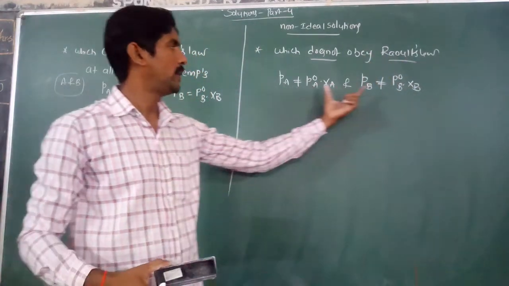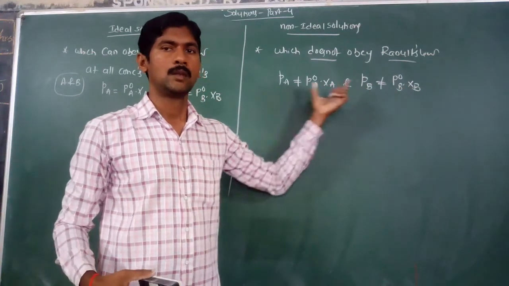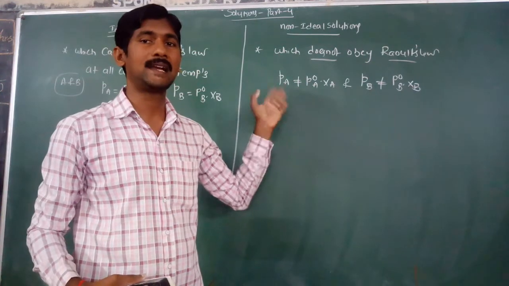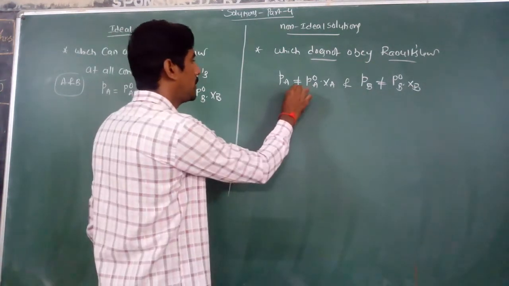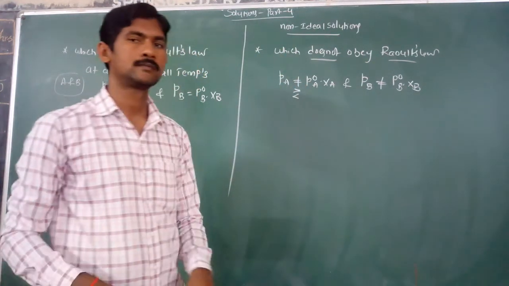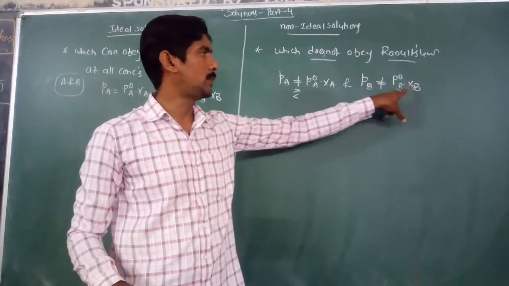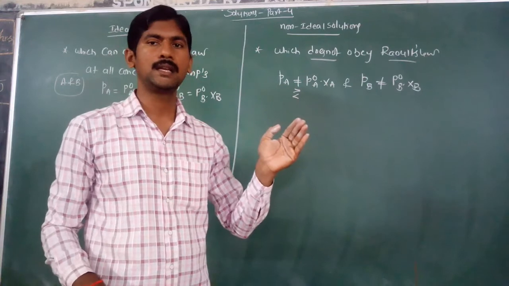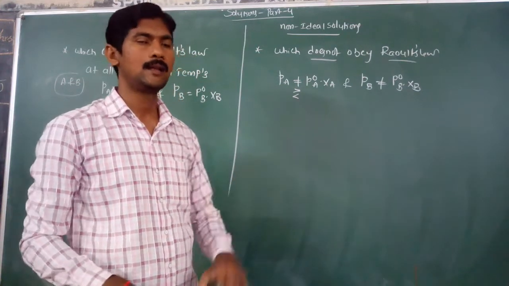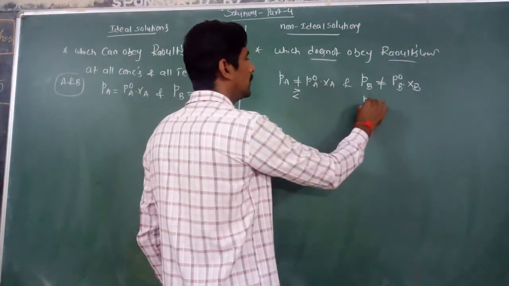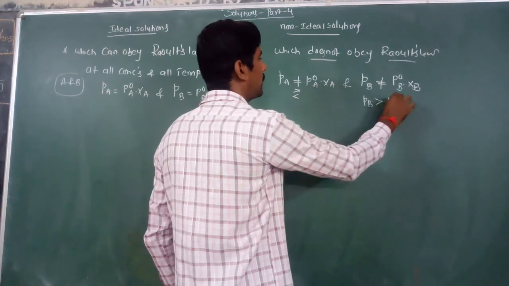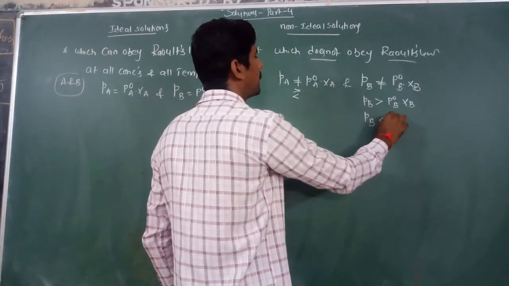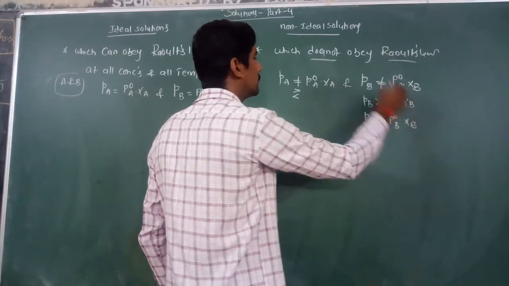So they do not obey Raoult's law, which means they may be greater than or less than. PB is not equal to P naught B into XB means PB is greater than P naught B into XB or PB is less than P naught B into XB.